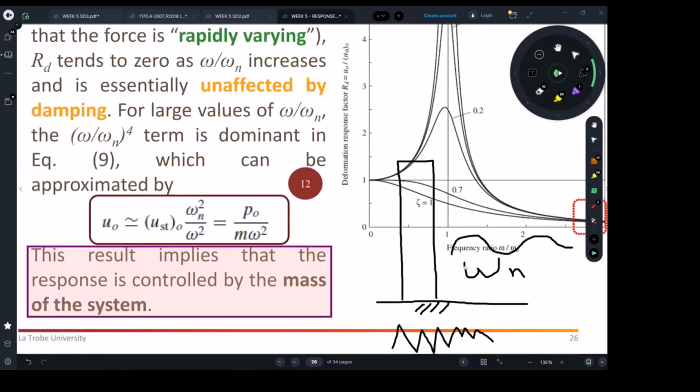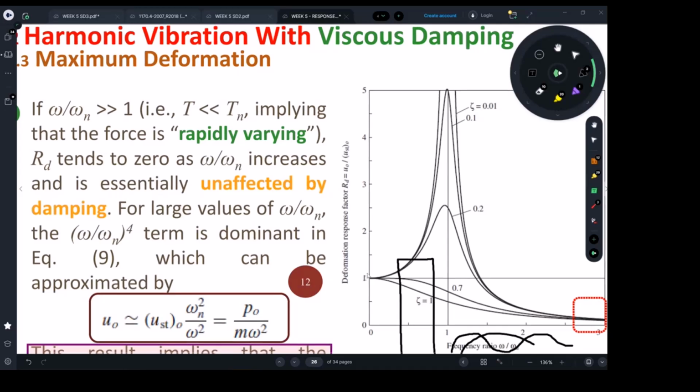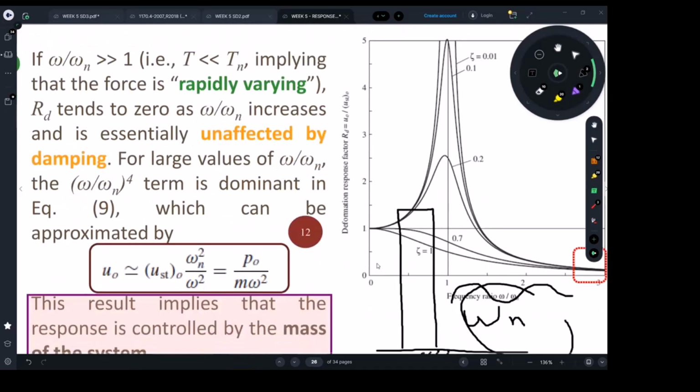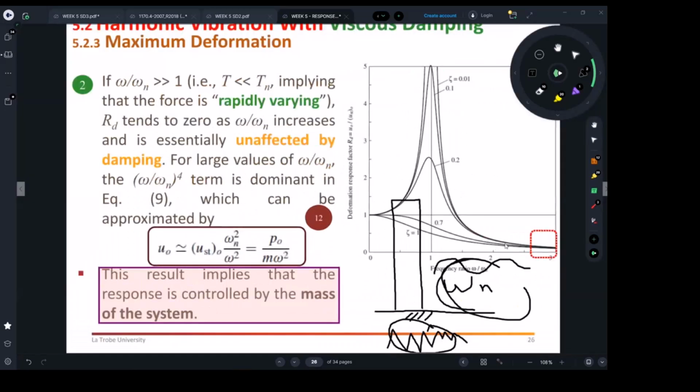So if you divide the forcing frequency of the earthquake or the harmonic motion over the natural frequency of the building, you will end up with a high ratio value, omega forcing over omega natural going to be really high.